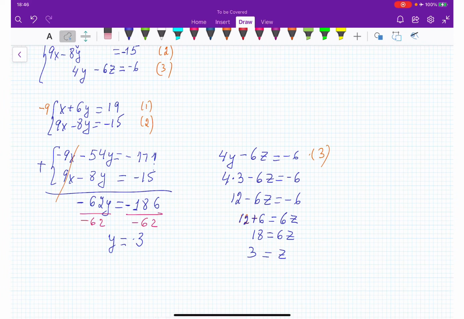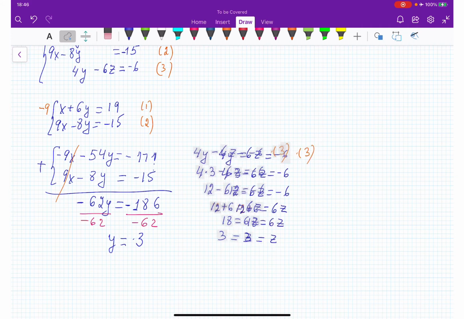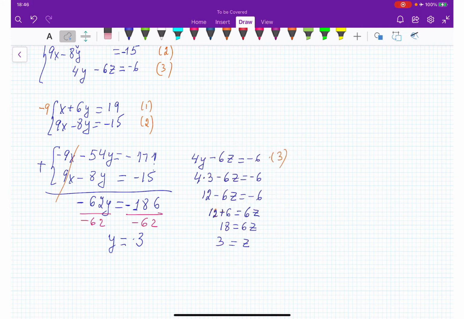So let's solve it. I'm writing down x plus 6y equal 19, and this is the first equation, and I have x is equal 19 minus 6y, right? x is equal 19 minus 6 times, how much is my y? 3.